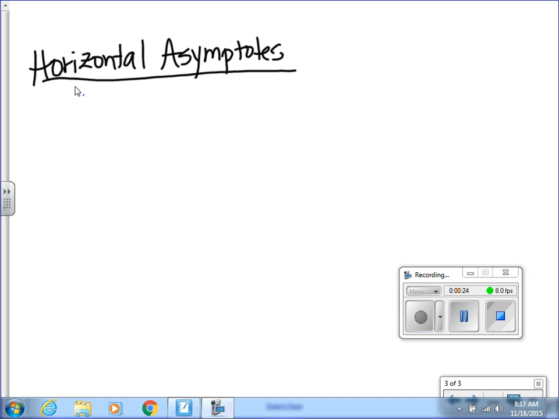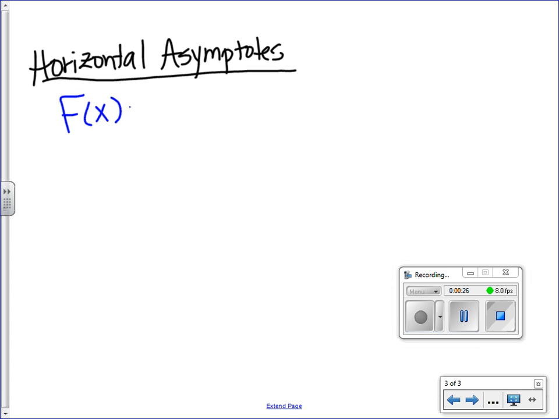So let's say that you have some function with a numerator and a denominator. I'm going to call the numerator n and the denominator m, okay? So we've got three cases here.